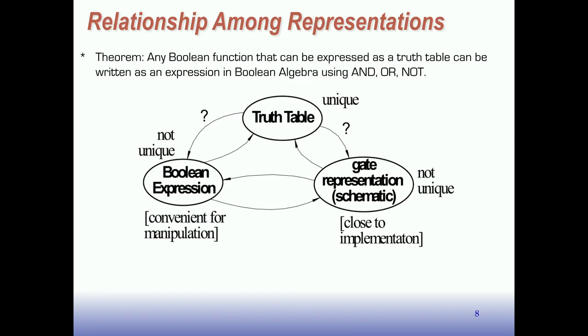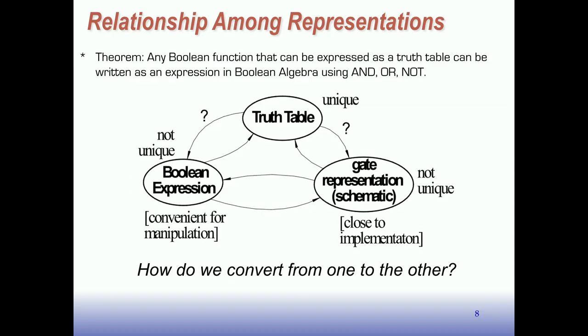And the gate level representation is close to the implementation because we may have gates in our standard cell library. So if we have a gate level representation of a function, we know exactly how to implement it on the chip, or likewise inside an FPGA by partitioning it into LUTs. So gate level is good for implementation, Boolean expression is good for manipulation, and the truth table is the definition of the function.